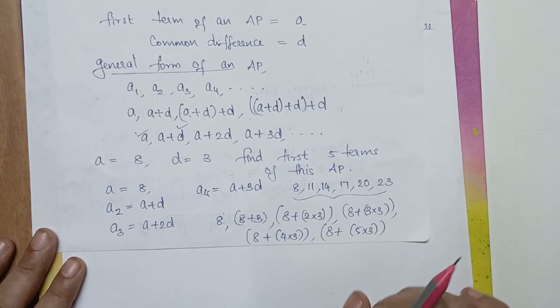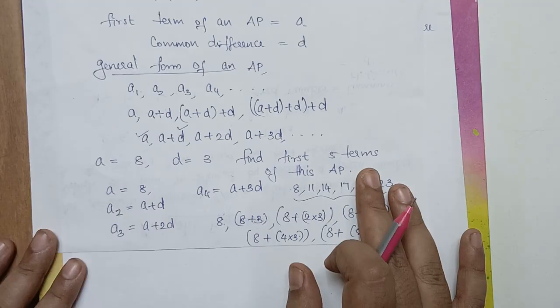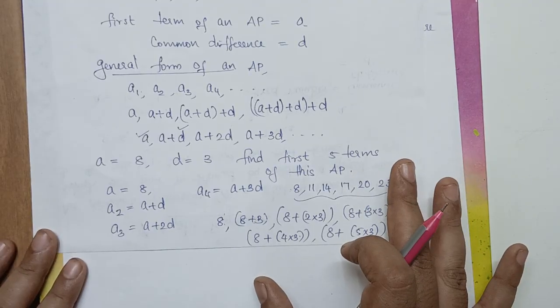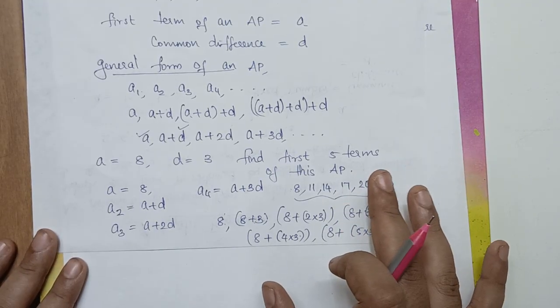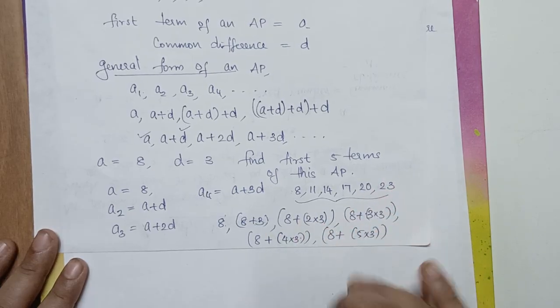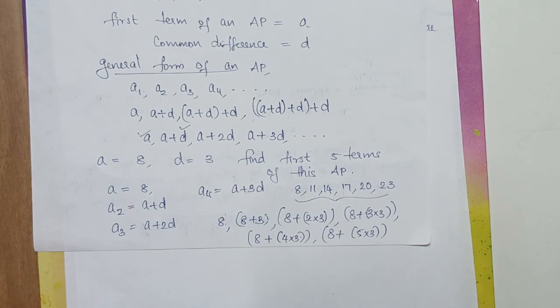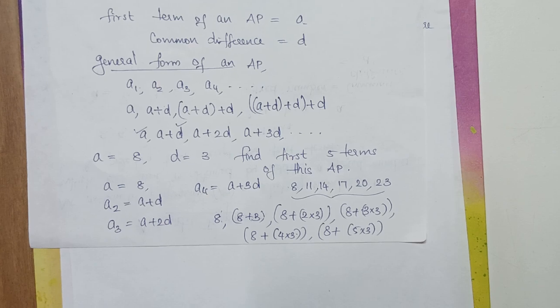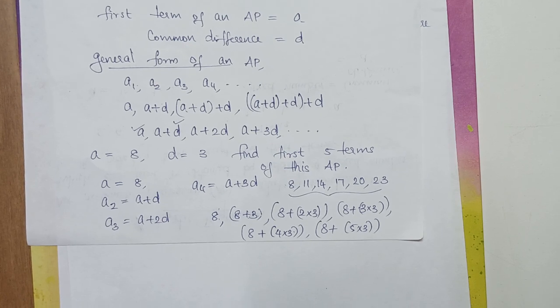Okay. So one more thing I have to mention here is there are 2 types of APs, finite APs as well as infinite APs. If it is given that an AP has a finite number of terms, it is known as a finite AP, and an AP having an infinite number of terms is known as an infinite AP.